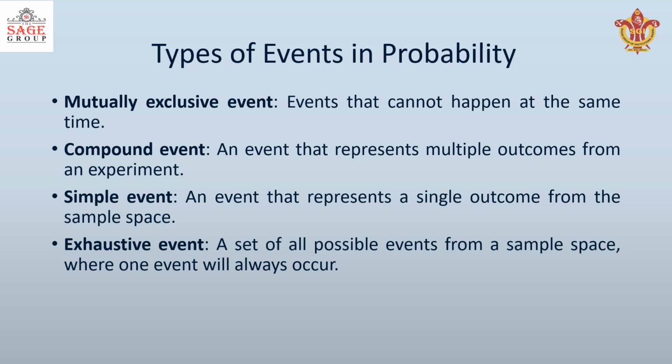A set of all possible events from a sample space where one event will always occur are known as exhaustive events. So, on tossing a dice, we have 6 possible outcomes. That is, we may get 1, 2, 3, 4, 5 or 6, and one of these is sure to come. Hence, this space represents the set of exhaustive events.